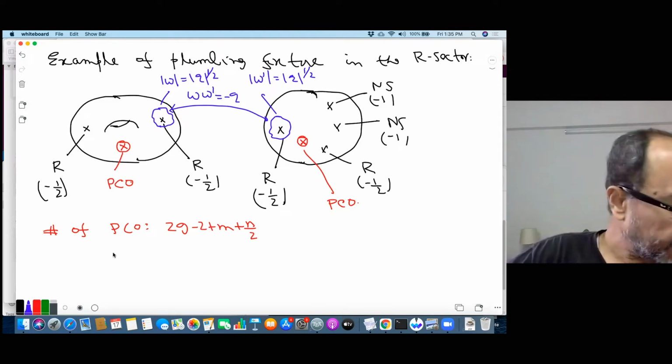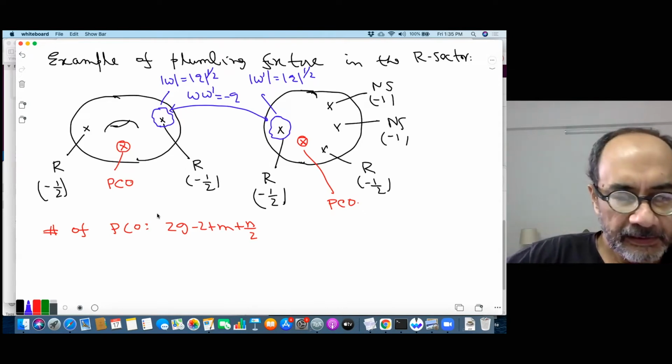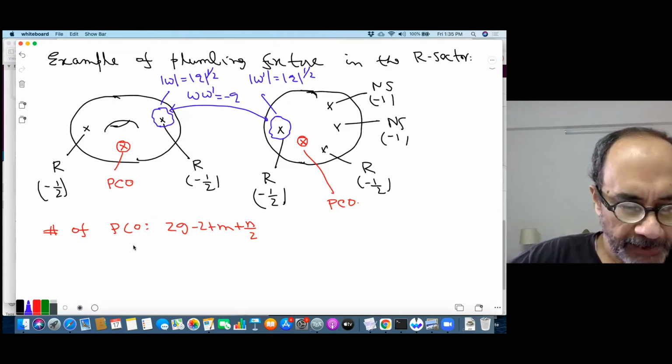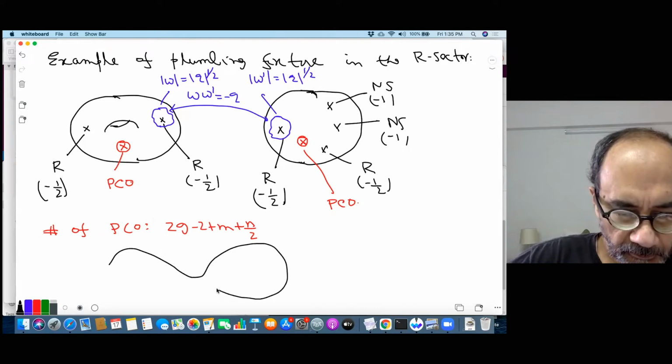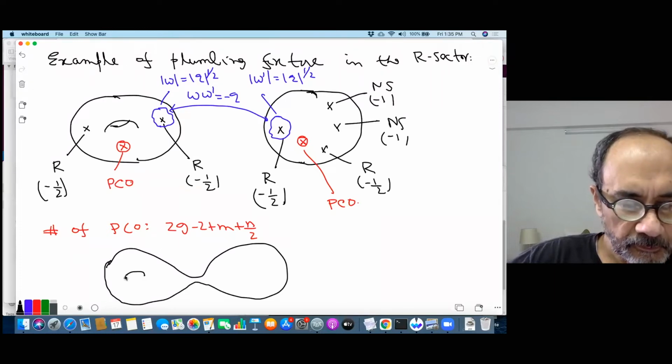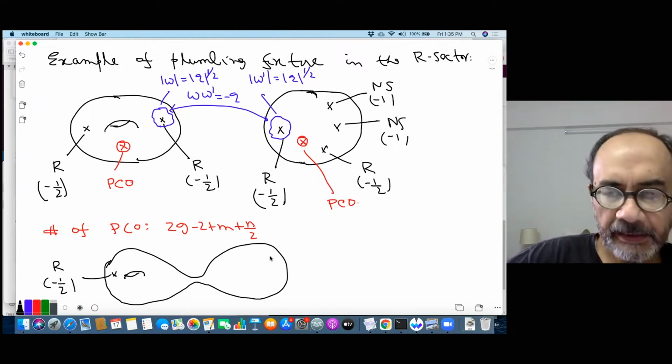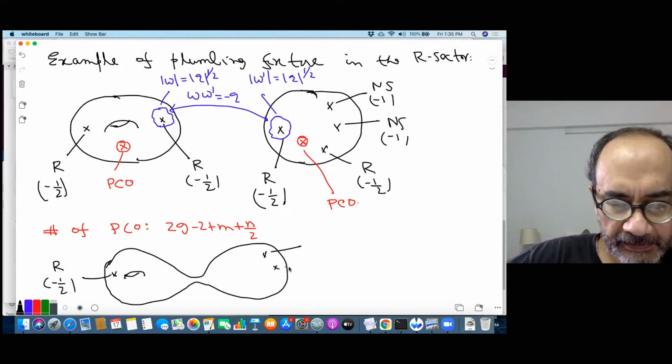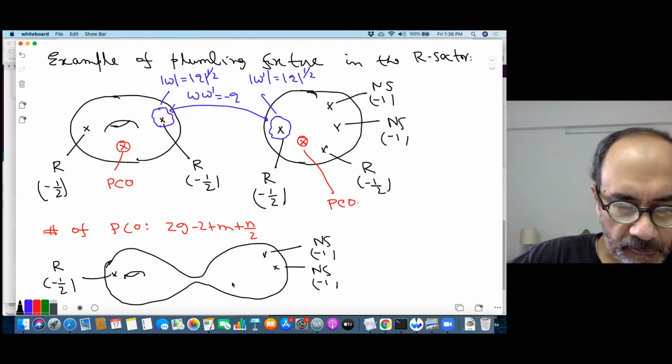So once you join these two, what do you get? We get something like this. Here you have 1 Ramond, which is -1/2. Here you have 2 NS. 1 Ramond, which is -1/2.